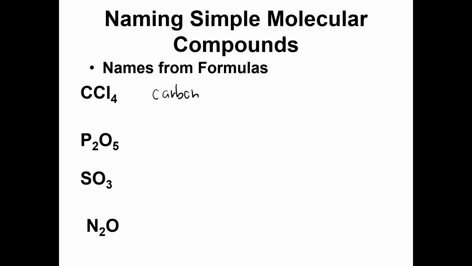Only if you have a single atom as the first do you not use the prefix. For the second element, you always use the prefix and then the IDE ending. Seen this already: this is chlorine, which turns into chloride. 4 is tetra, so tetra, and then chloride.